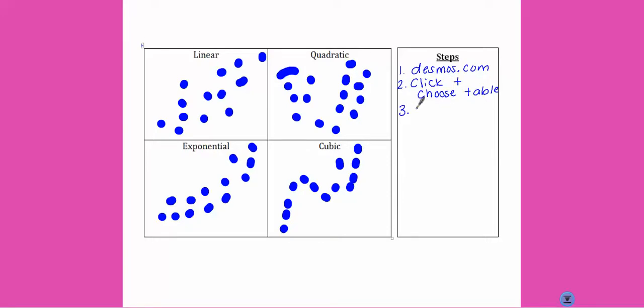And then we're going to determine the type of graph. So which one of these four does it look like?